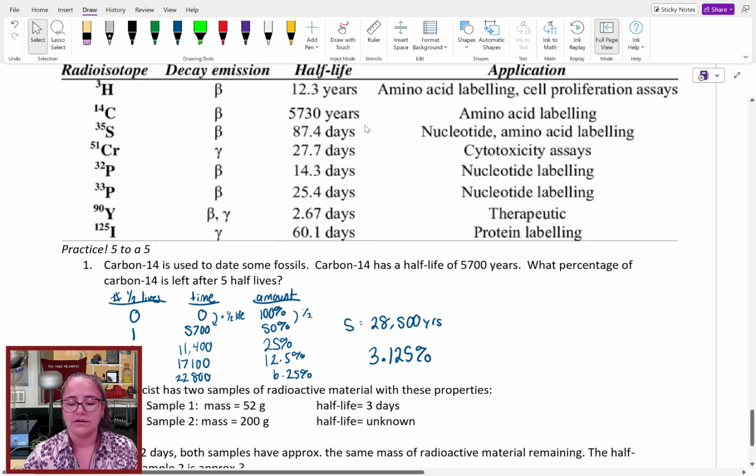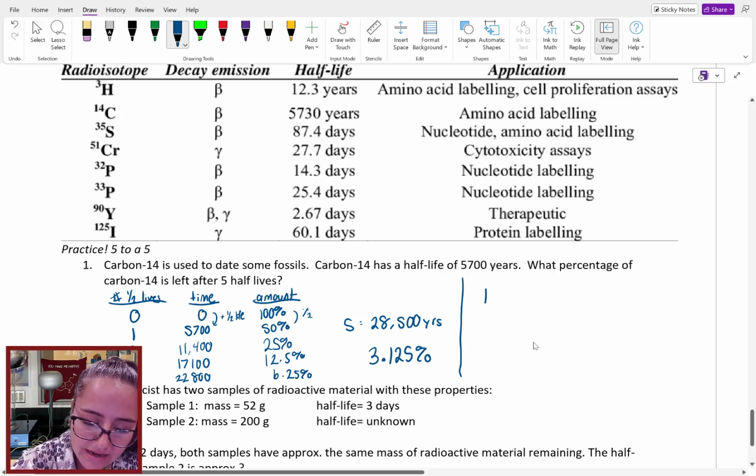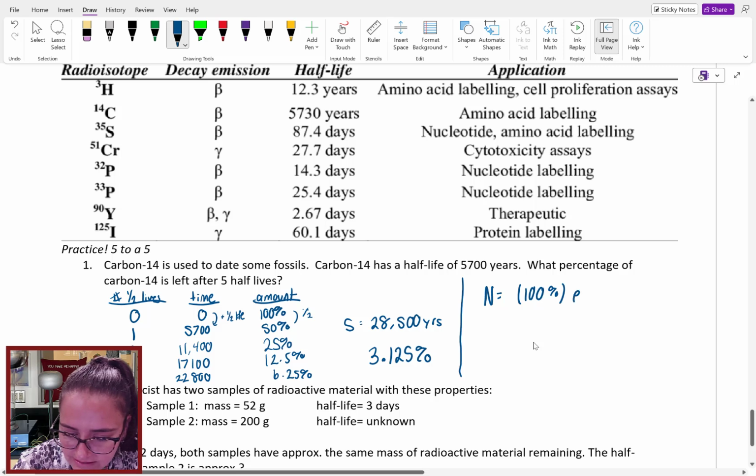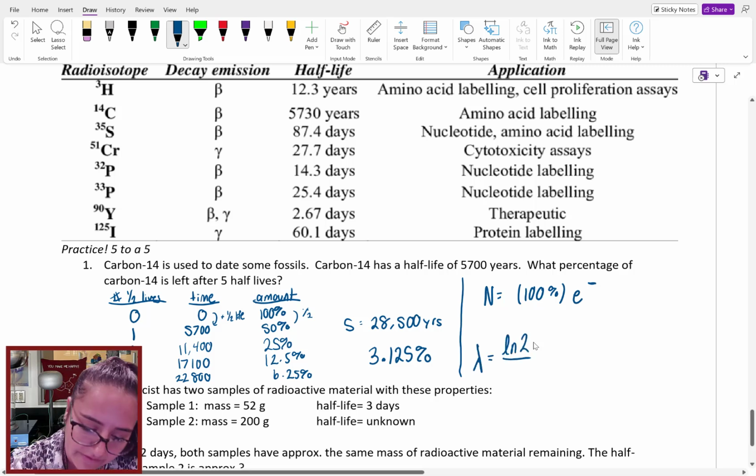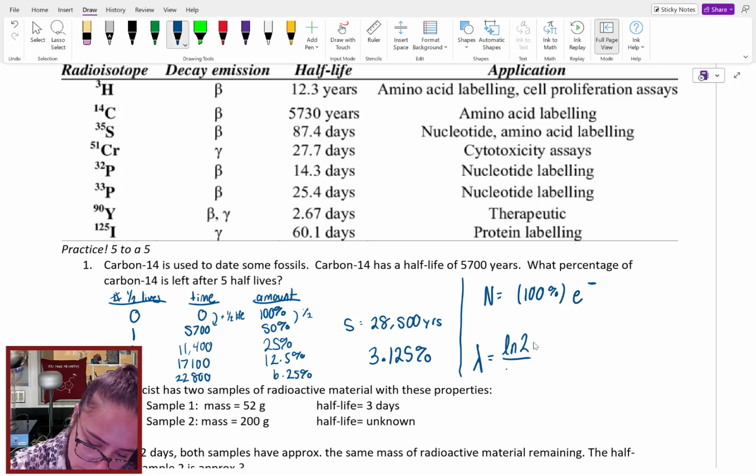So using the equation form, I'm still working in percentage, so my initial amount is 100. So 100% times e to the negative, and I need the decay constant. The decay constant is the natural log of 2 divided by the half-life, which is 5,700 years.